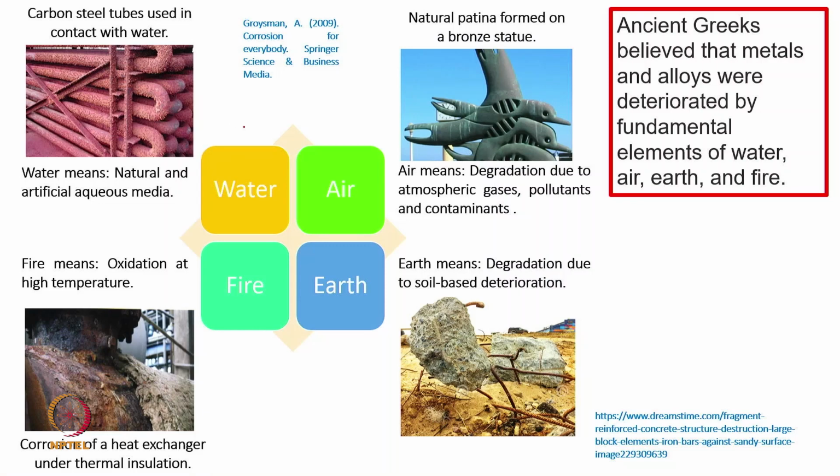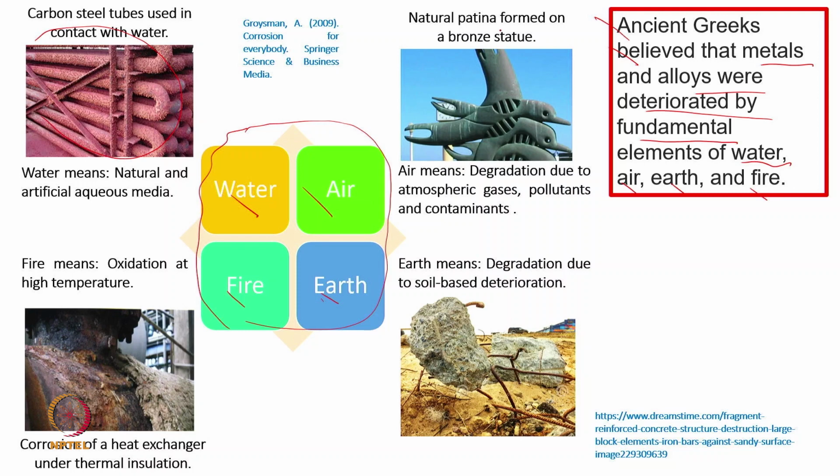And if you go through history, we find that an environment containing water, air, fire and earth is corrosive in nature. That's why we often say ancient Greeks believed that metals and alloys were deteriorated or damaged by the fundamental elements of water, earth, air and fire. There are a number of examples. We have seen boiler tubes get corroded.